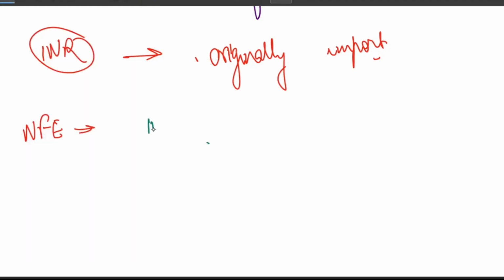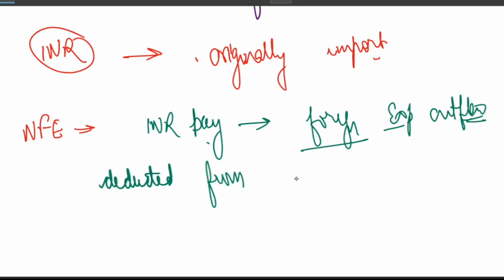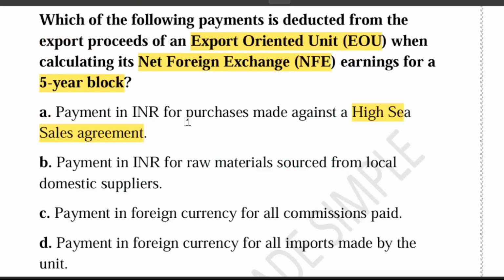Please understand, whatever INR payment you have made is treated like a foreign exchange outflow, and it is deducted from export proceeds. That is the point. That's why, if you look at option A, the payment you made in INR for purchases made against HSS is deducted. So option A is correct.